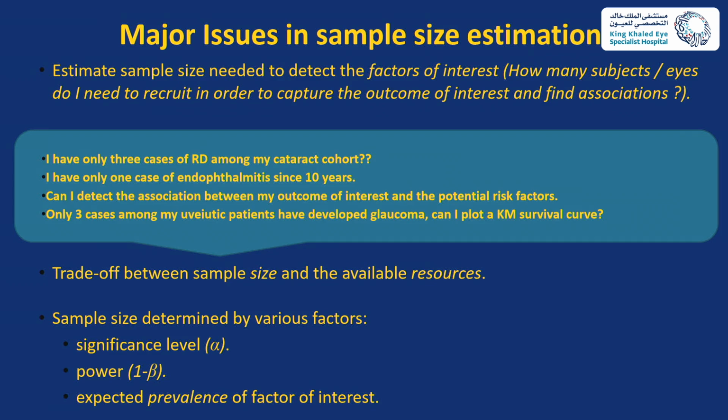So there are some major issues that we should consider while doing our sample size calculation. For example, one quite common issue is that you have a rare disease, and you want to capture this rare disease.